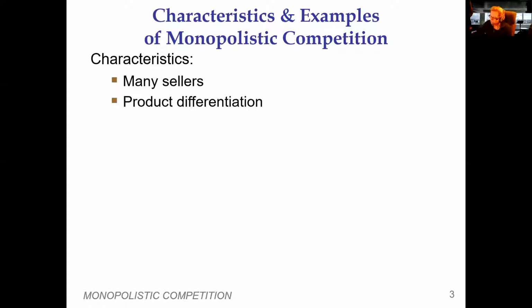So here are the characteristics. We have many sellers, and the main characteristic here is product differentiation. And that means that consumers believe that the product is different. So if you ask me, what's the difference between athletic shoes? I would say, well, whichever one doesn't hurt my feet. But I know a lot of you are consumers of athletic shoes.